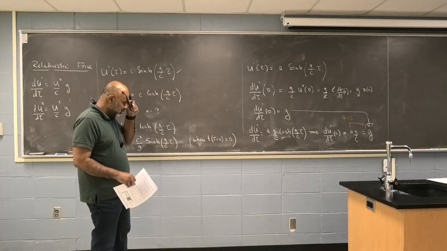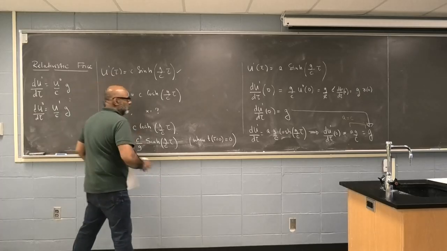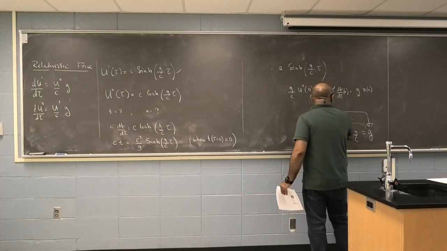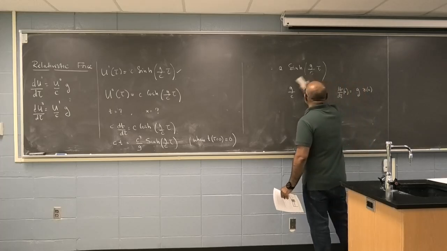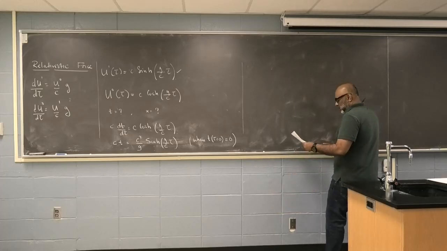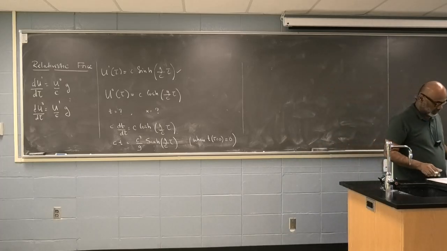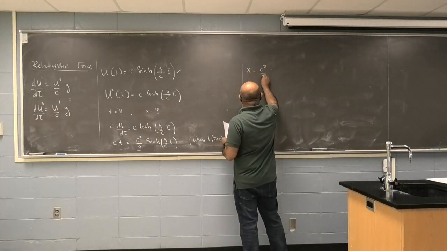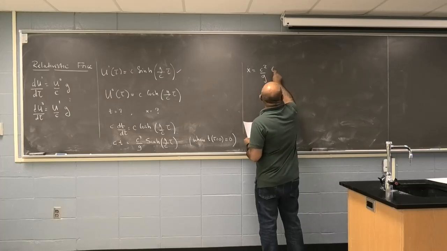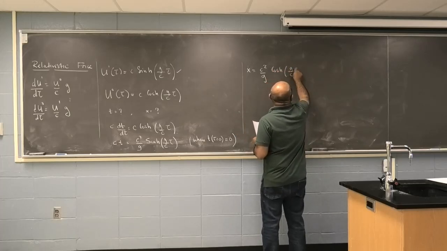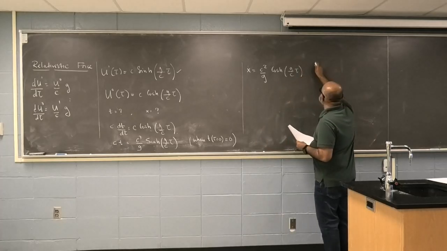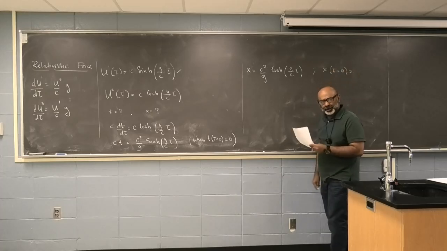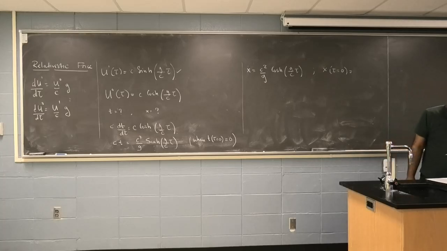Here's the interesting part, and this is what I'll let you do. When you do this for x, only because we want things to work out nicely, what do I get for x? I get c squared over g cosh of g over c tau, with the understanding that x... You want to say 0 over here? Yeah, I want to say 0, but we won't.